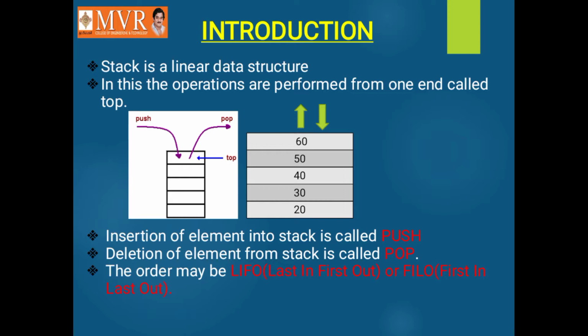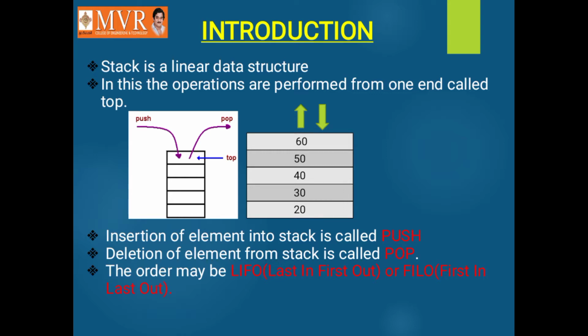In the next figure, you see a stack with 5 elements, and we have inserted the elements from the top, and we will also delete the elements from the top only. Okay. A stack follows the last in first out procedure. What is last in first out? The element that is inserted last will be deleted first.